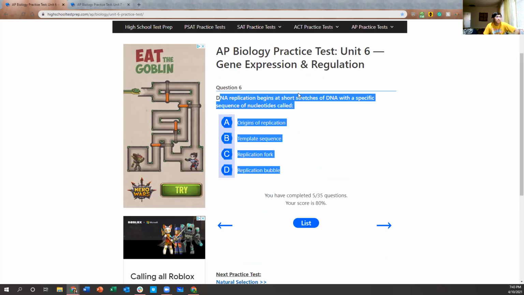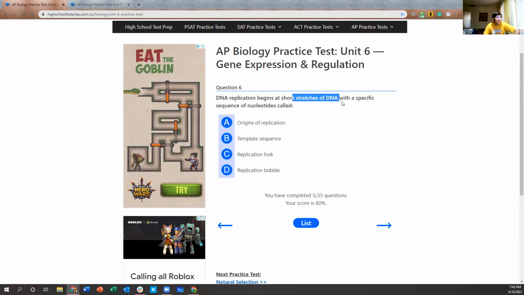DNA replication begins at short stretches of DNA with specific sequences of nucleotides called primers, right? These are the primers that start off. Maybe it's a template sequence that it's referring to. I'm not sure exactly what this is referring to.